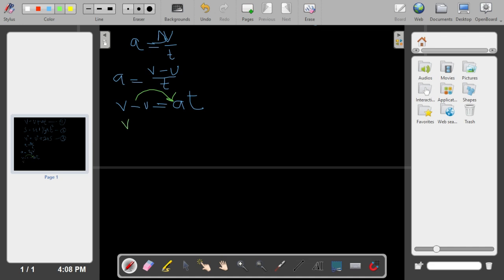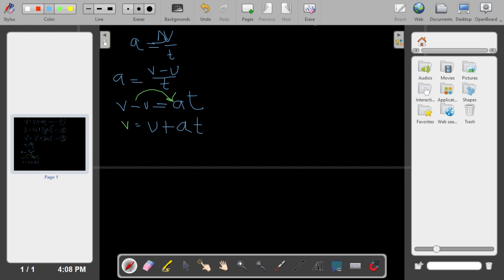This gives you v equals u plus at. So this is the first equation of motion.